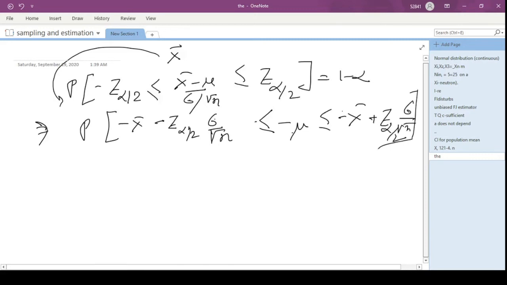Well, what I have done is I have multiplied each of these terms with sigma by root n and subtracted x bar.